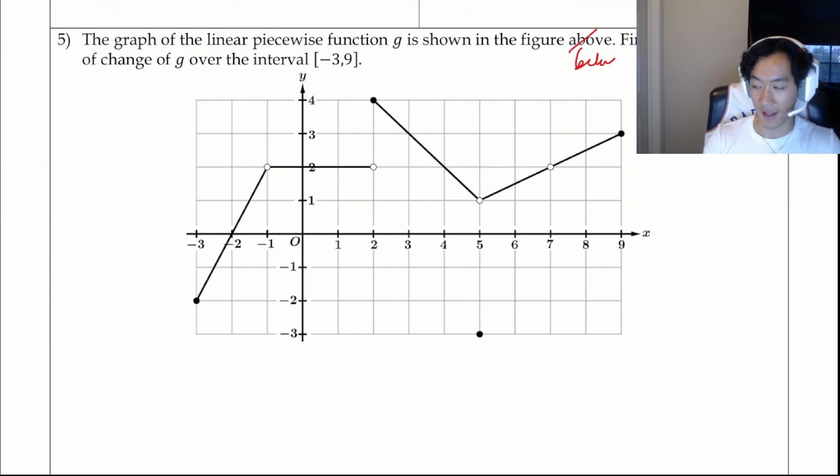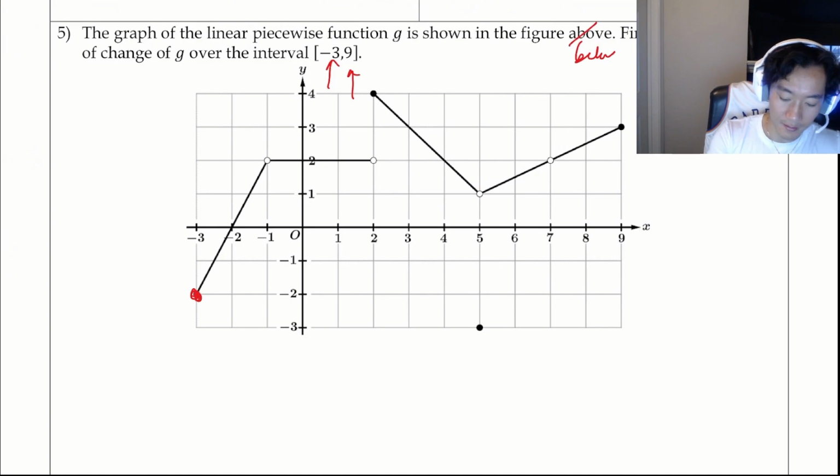I'm not going to do that. I see the points that they're looking at, right? At the beginning of our interval at -3, we are right here, right? I know that point. I can see it. And then when we're at the end of our interval at 9, that's all the way at the right here at the end. Boom. Just do rise over run for those 2 points, right? If you're given a graph, just do it that way personally, okay?